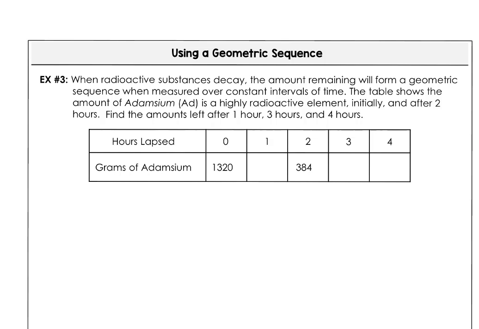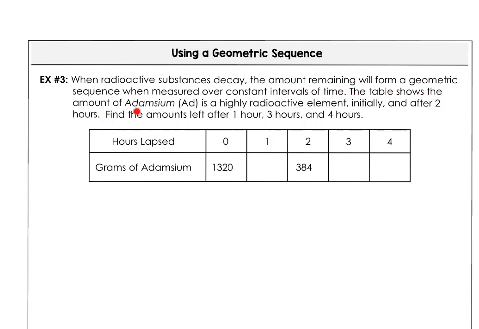For example 3, we're going to use a geometric sequence, and again, we're going to need a calculator. When radioactive substances decay, the amount remaining will form a geometric sequence when measured over constant intervals of time.